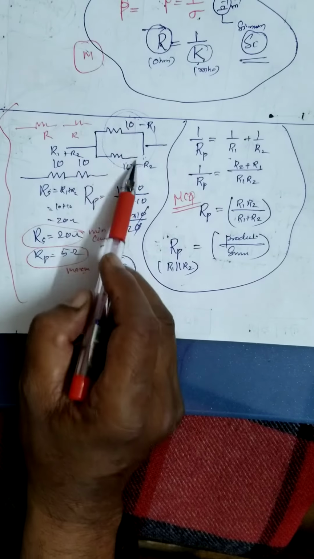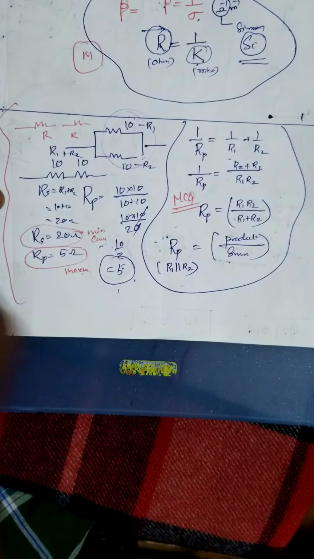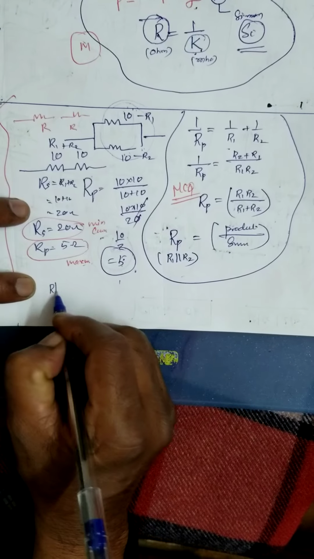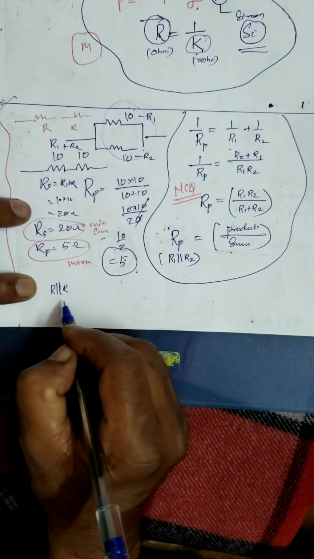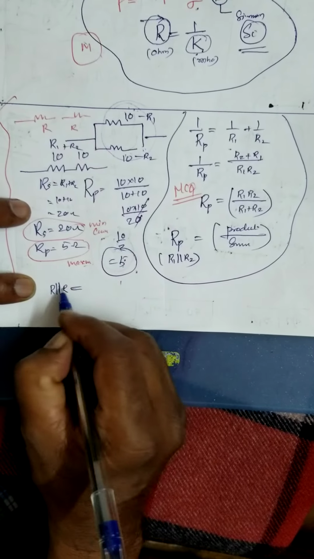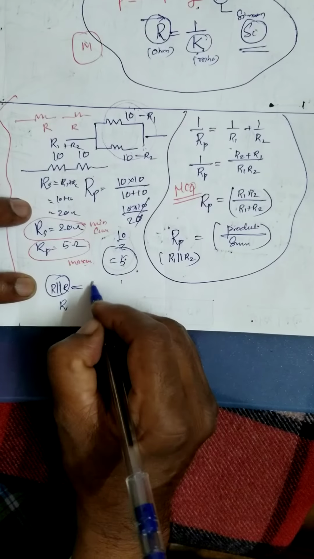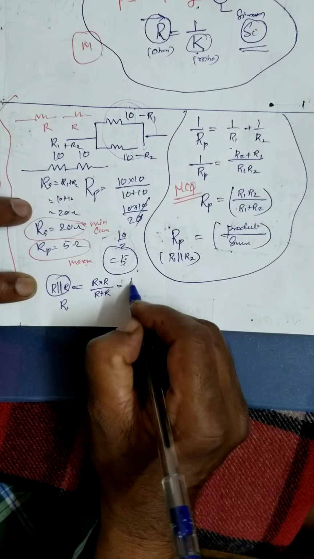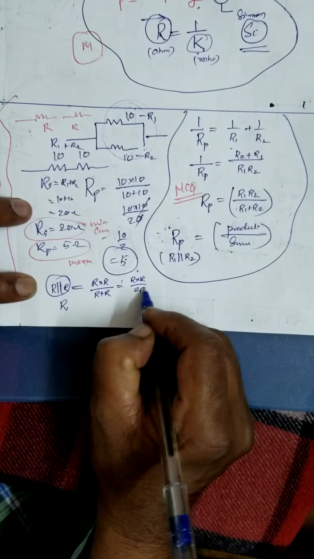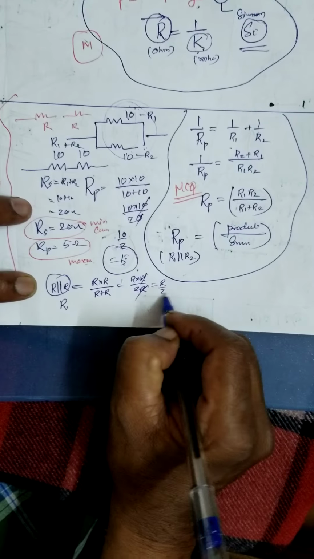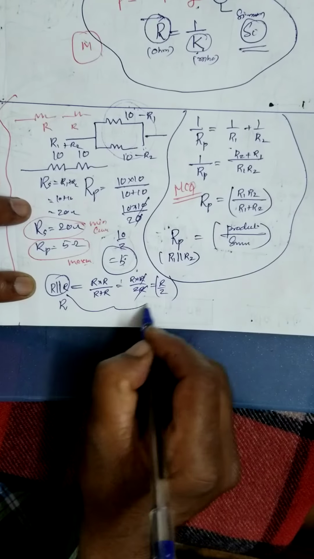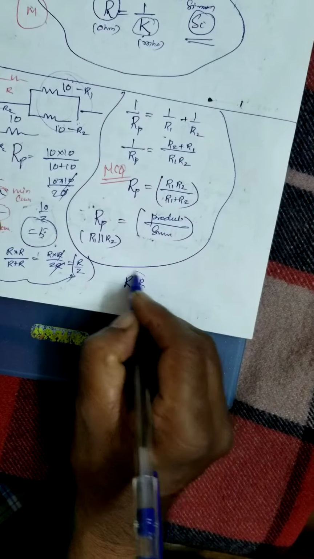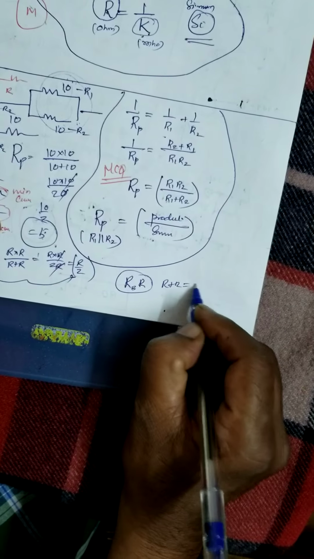When two identical resistors are given, which combination gives maximum resistance? When R is parallel to R, what is RP? R parallel to R is equal to product divided by sum. That means R into R divided by 2R, get cancelled, R by 2. Half of the original value. And R in series with R is R plus R, 2R.